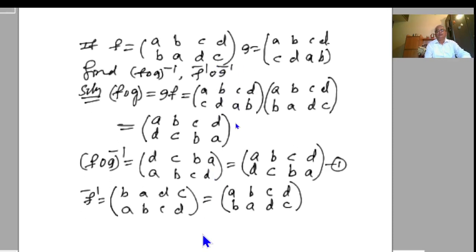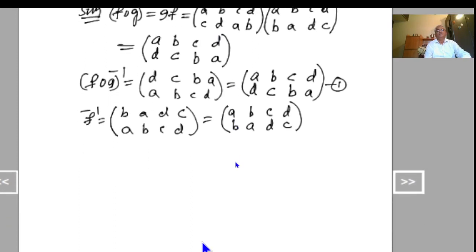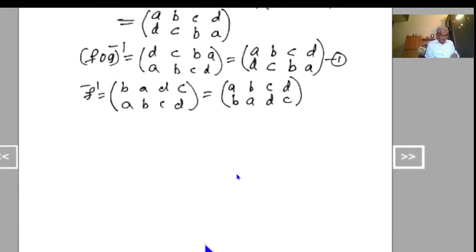Okay. Then finding G inverse. G inverse is equal to: write the second row elements of G in the first row.